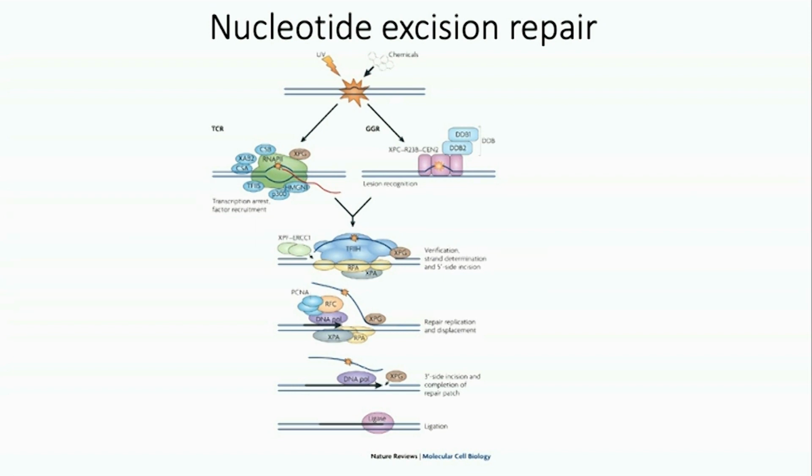I don't have much time, but there are tons of proteins here whose names probably don't tell you much. But these two proteins, CSA and CSB, are Cockayne syndrome A and Cockayne syndrome B, which is a very severe neurodegenerative phenotype.